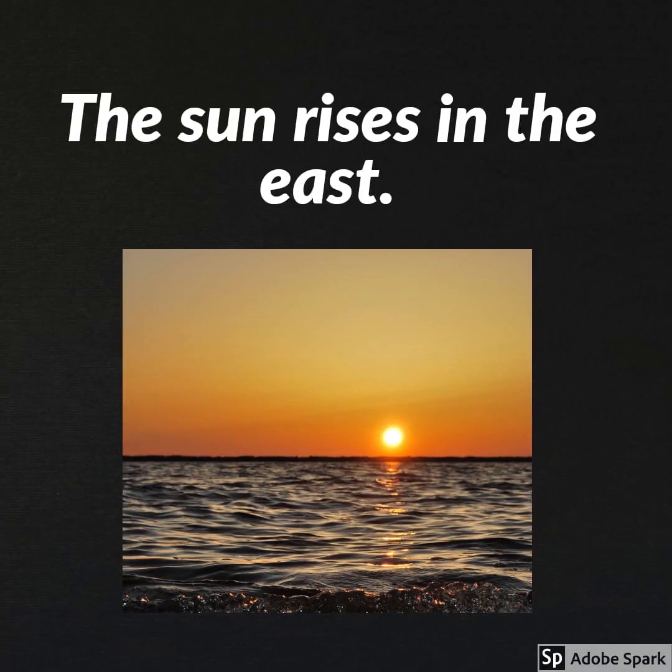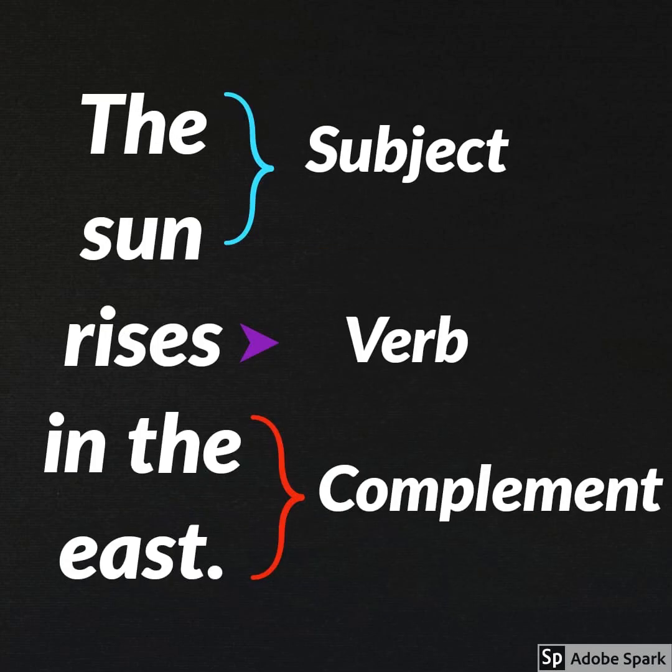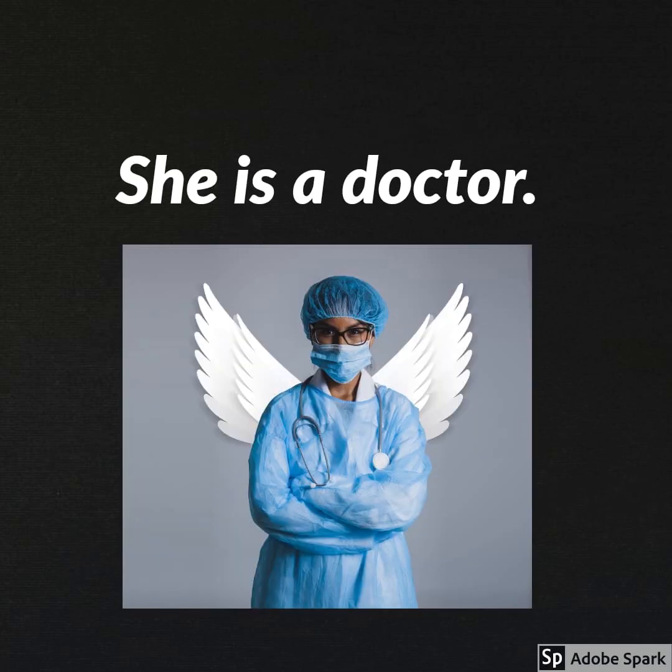Okay. For example, if I say again, the sun rises in the east. The sun is the subject, rises is the verb, and in the east shows the place where. So in the east becomes a complement. And she is a doctor.